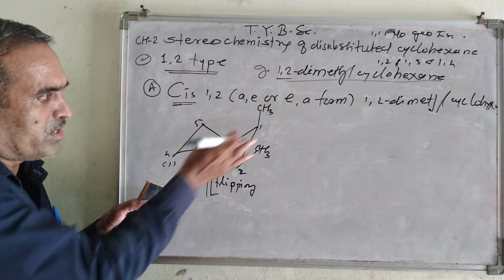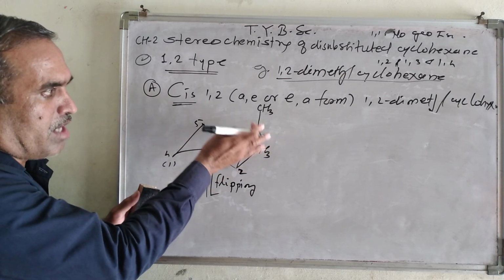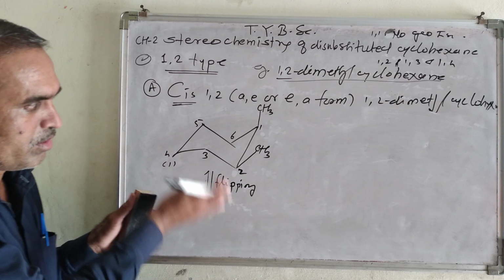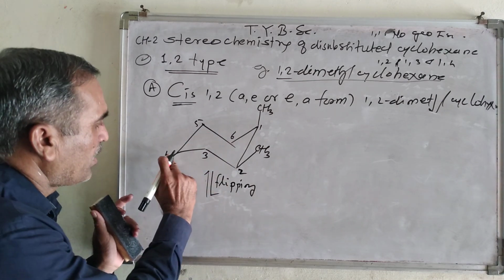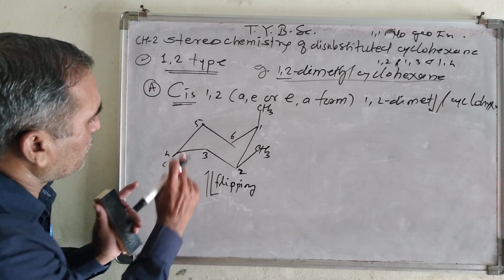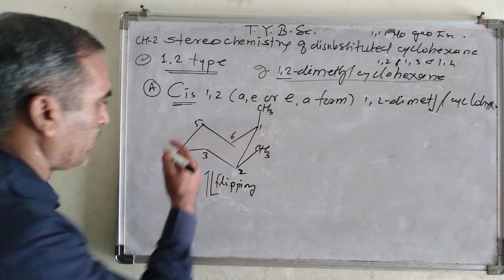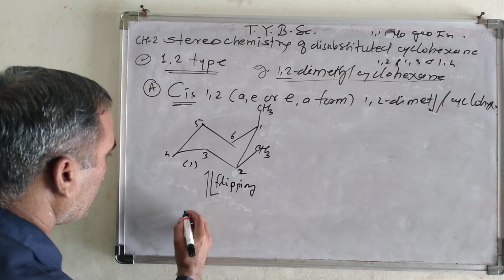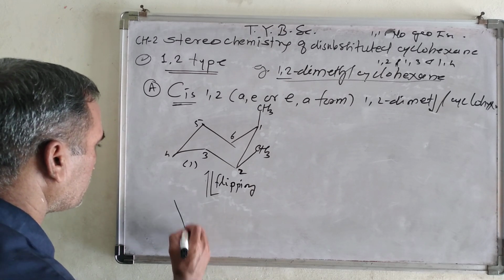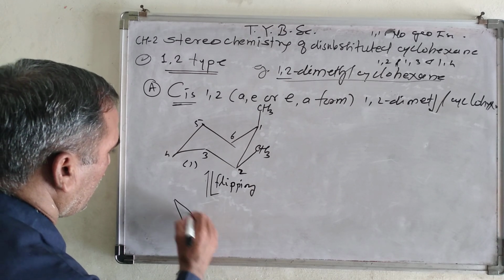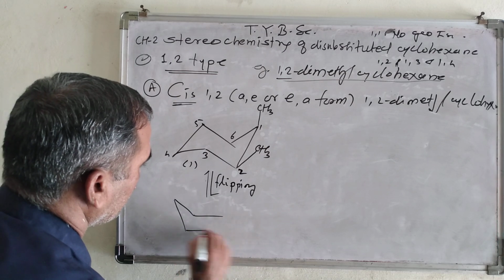After the flipping, what is happening here? This carbon number 1 goes below the plane and hence carbon number 4 goes above the plane. So how does it look? Let us see here.